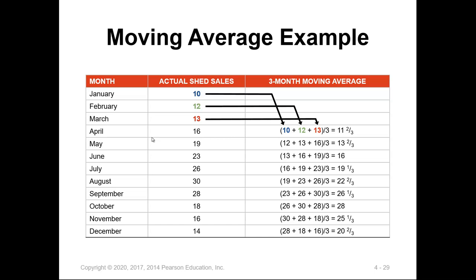So if we were to forecast the sales in April, we add sales from January, February, March, then divide them by 3. If you look at the actual, we can see that we have 10, 12, and 13. So you add 10 plus 12 plus 13, and we divide by 3, and that will give me the forecast for April, which is 11 and 2/3.